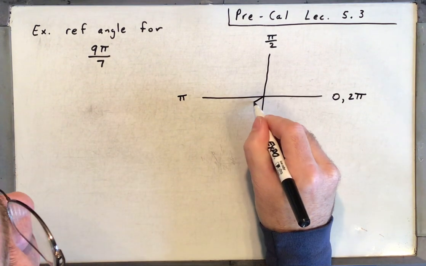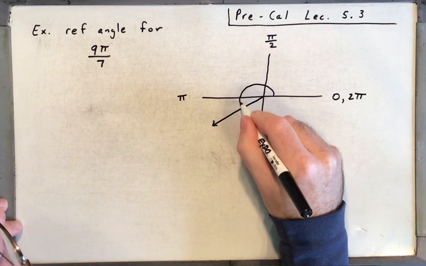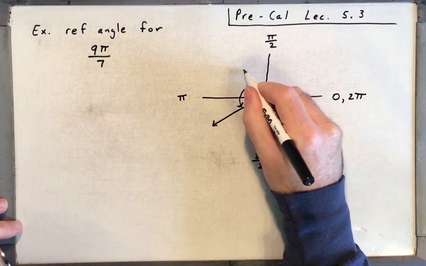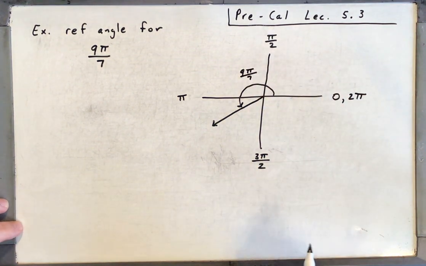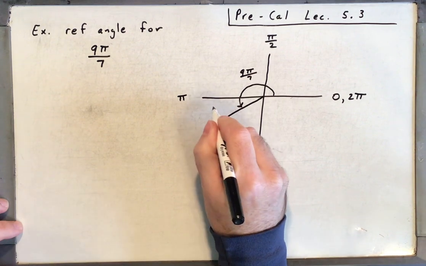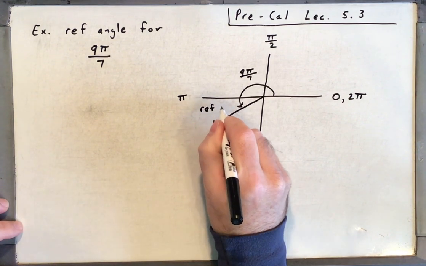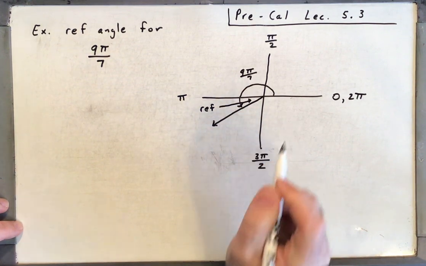So it's going to be somewhere in quadrant 3. That would be 9 pi over 7. So the reference angle is going to be this little angle right here.